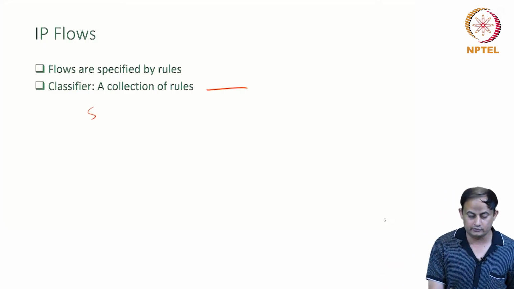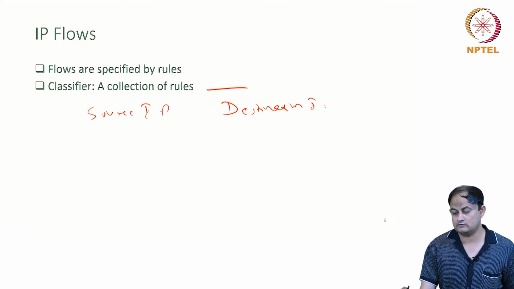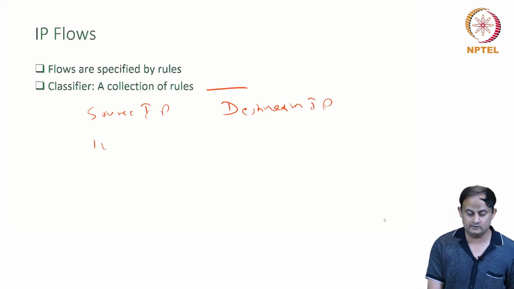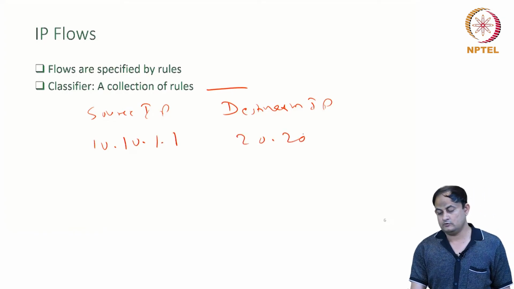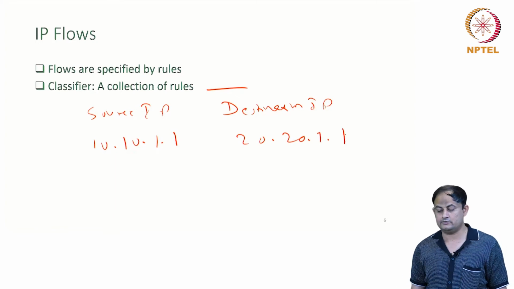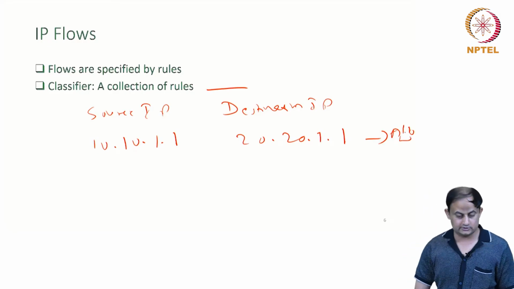Maybe I will use the source IP address and the destination IP address. Whenever, let's say, the computer 10.1 is sending to another computer 20.1.1, you allow this communication to happen.